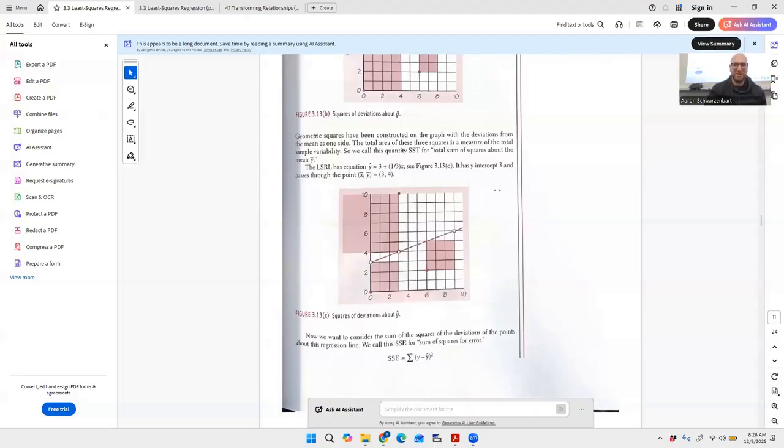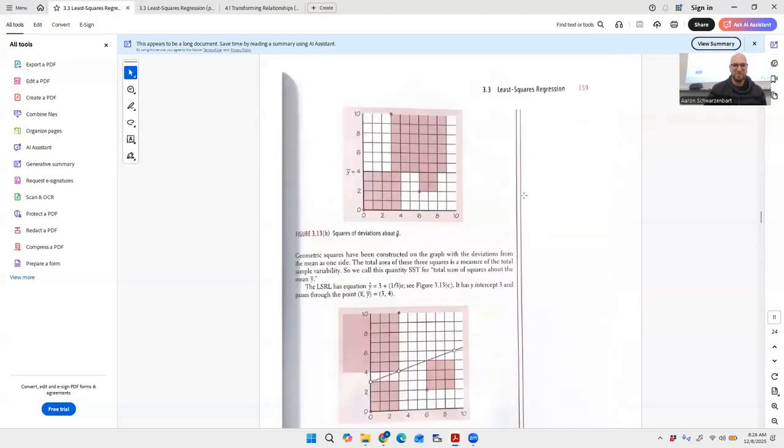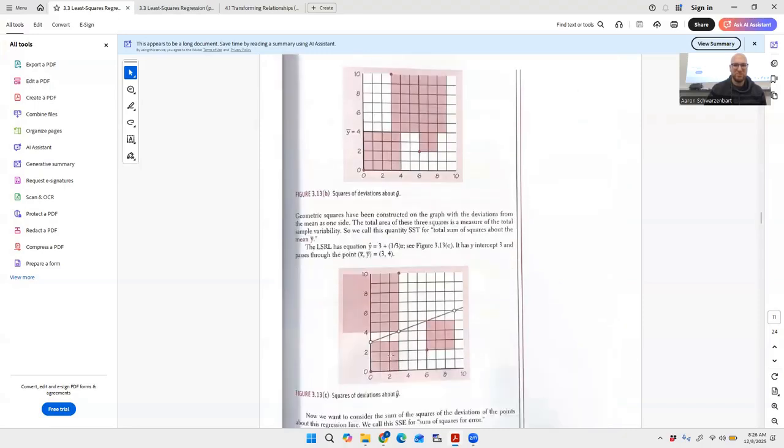They call this the least squares regression line. So it literally means my points are here, here, and here.